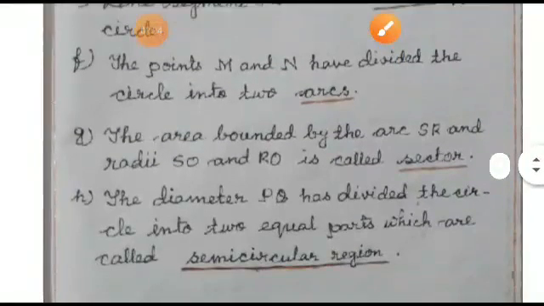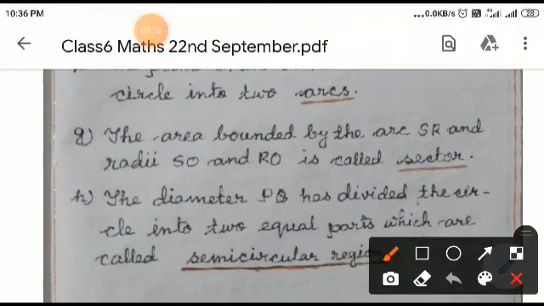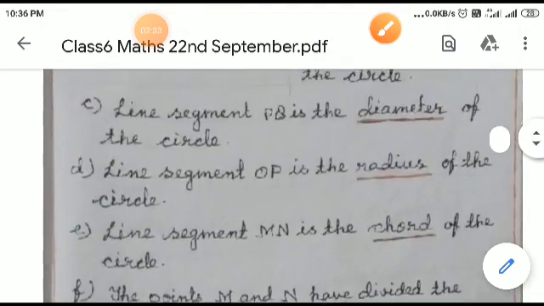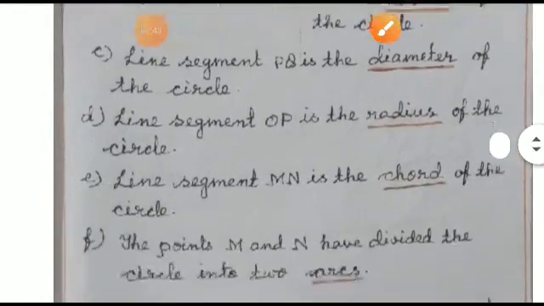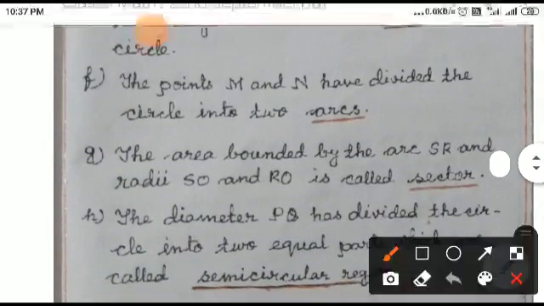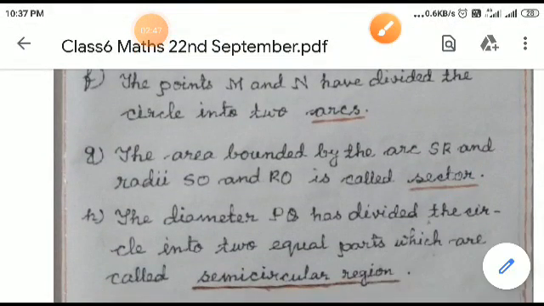Now question number G. The area bounded by the arc SR and radii SO and RO. The arc SR, SO and RO, that is the sector. We can say that is the sector. Two radii and an arc.